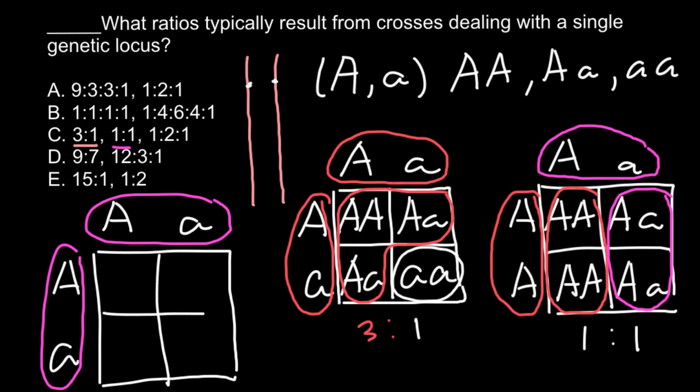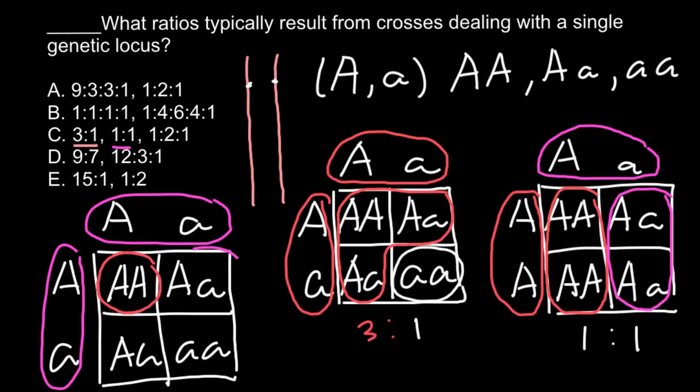Here we would see capital A capital A, capital A small a, capital A small a, and small a small a. This genotype would result in red pigment in plants. This genotype would result in pink pigment in plants, and this phenotype would result in white, which especially in plants means absence of pigment.